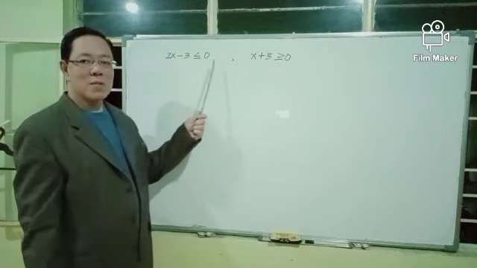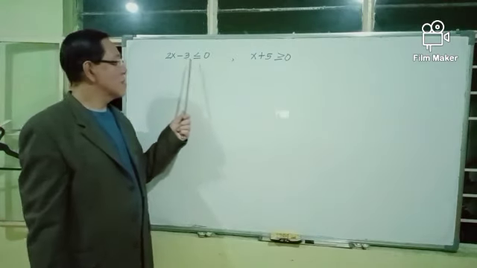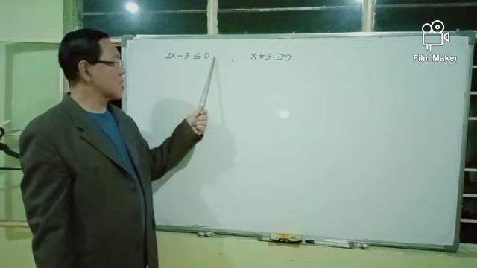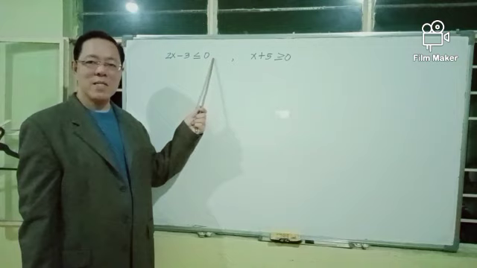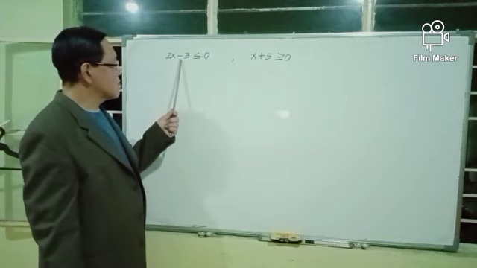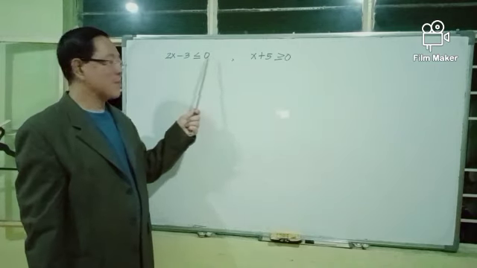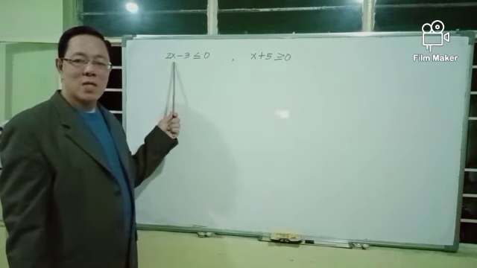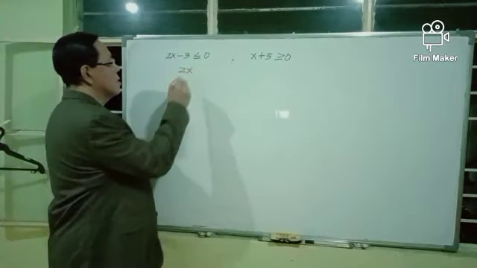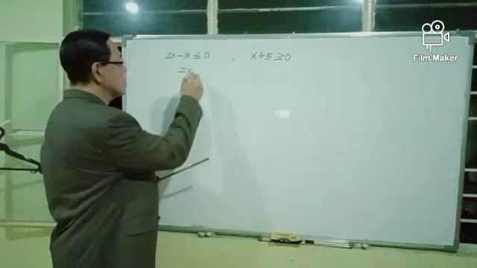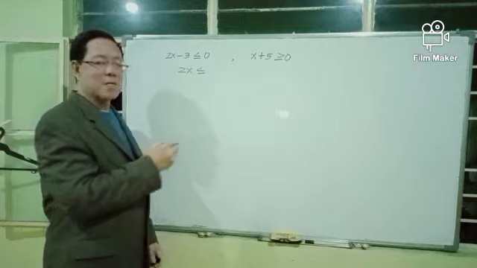If you add 3 to both sides of this inequality, the inequality remains true. When we transpose, we take the opposite sign of the term, so negative 3 becomes positive 3 on the right hand side. At the left hand side, we are left with 2x less than or equal to 3.